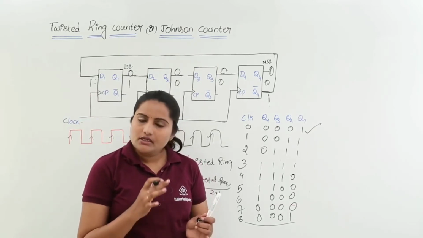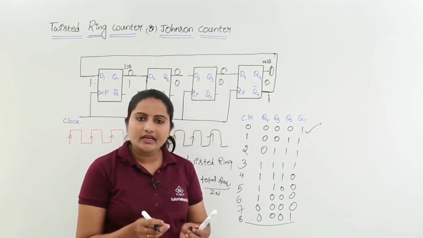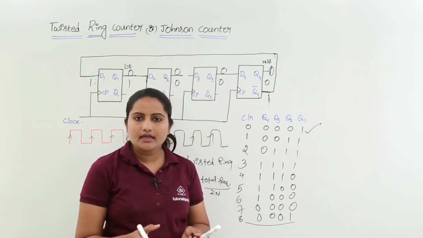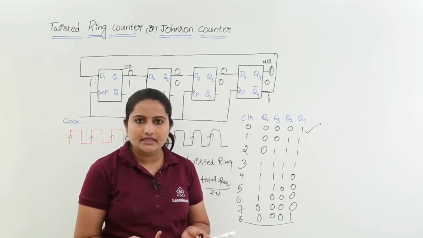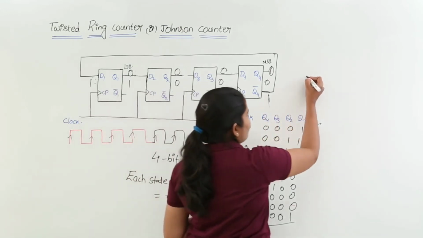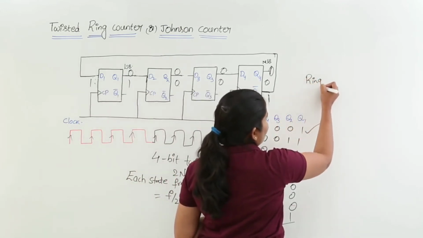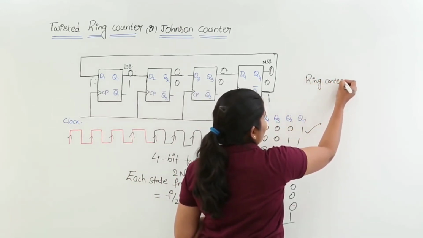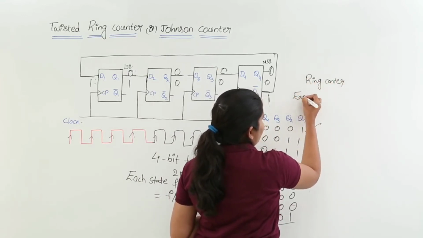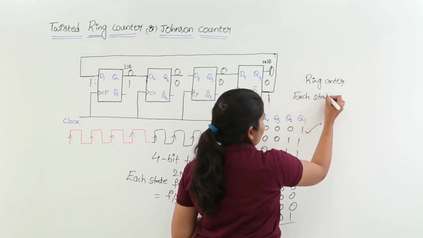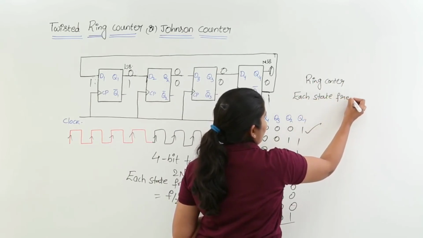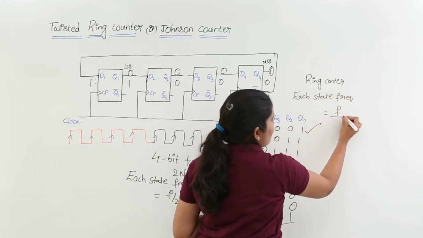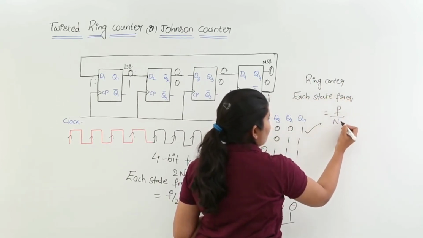For example, if you want each state frequency for a ring counter, then it is total frequency by n states. So for a simple ring counter, each state frequency is equivalent to total frequency divided by the number of states, n.